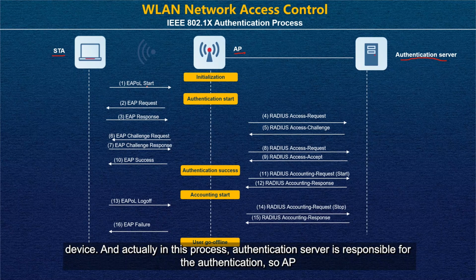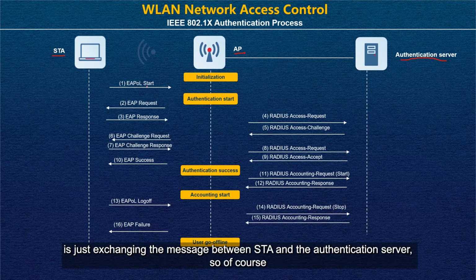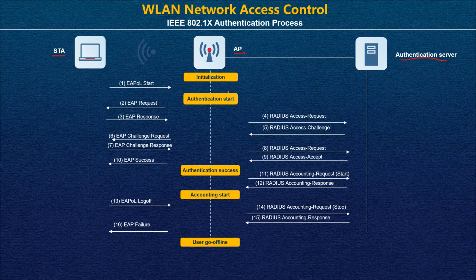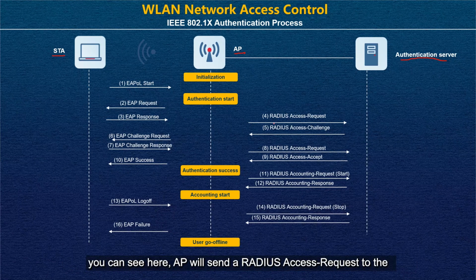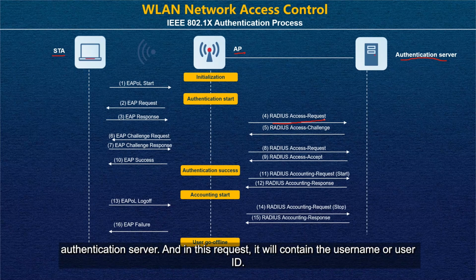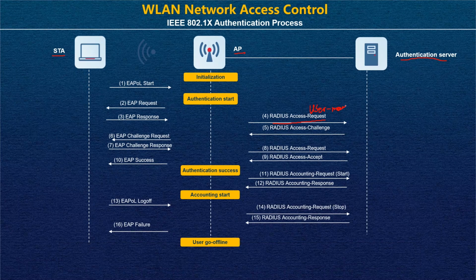And actually, in this process, the authentication server is responsible for the authentication. So the AP is just exchanging the messages between the STA and the authentication server. So you can see here, the AP will send a RADIUS access request to the authentication server, and this request will contain the username or user ID.